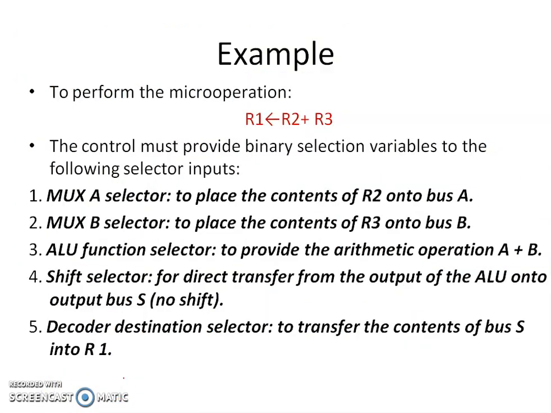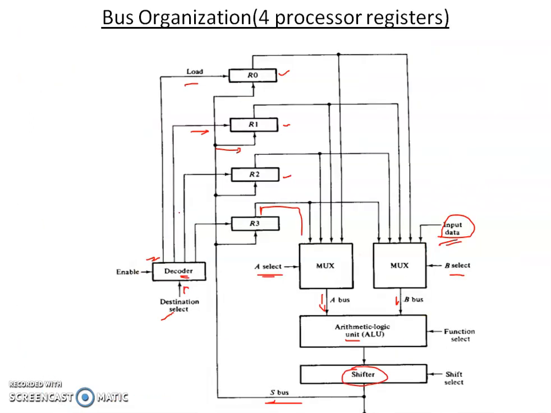For example, consider this operation: R1 is replaced by R2 plus R3, addition of two registers R2 and R3. What is the first function performed? First, it will be selecting the operands R2 and R3.